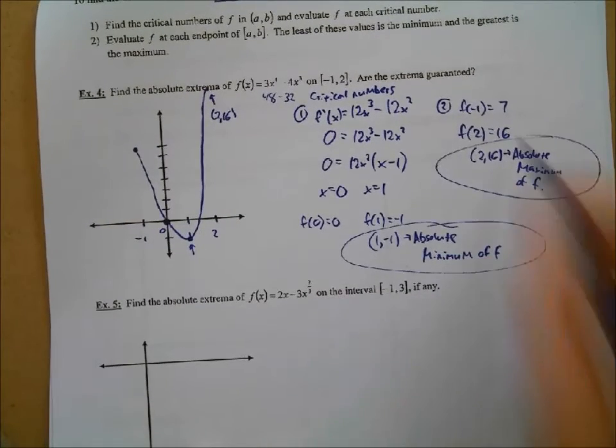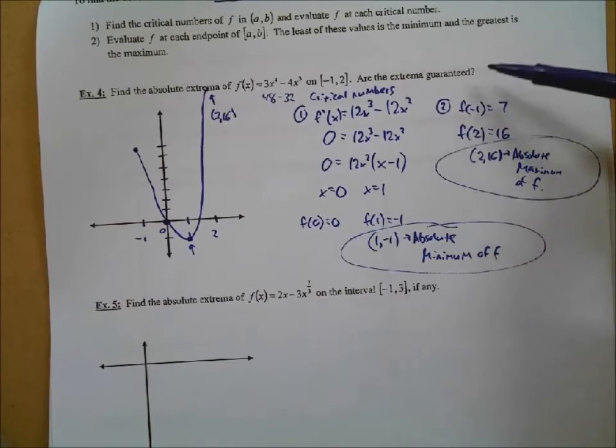Okay, now one thing I should have answered earlier: are the extrema guaranteed here? Is our function continuous on the interval? Yes. And is it on a closed interval? Yes.